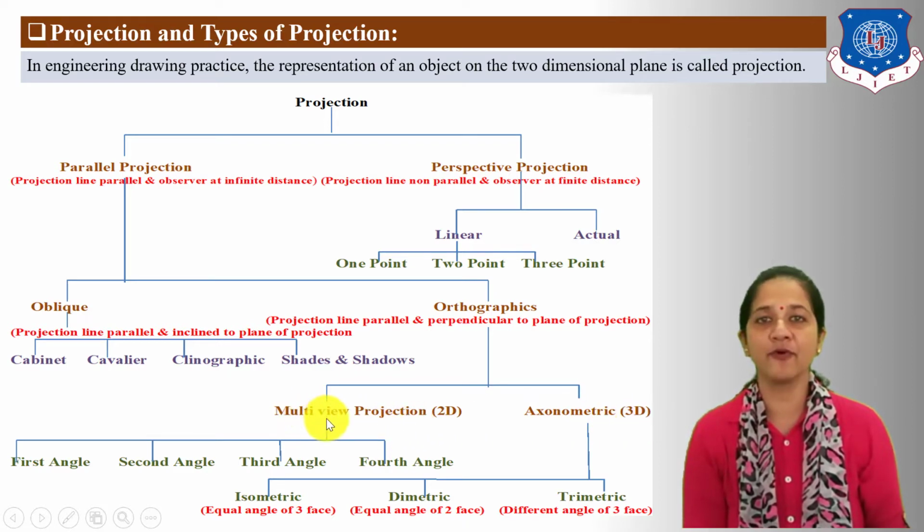Now, there are four types of multi-view projection, first angle, second angle, third angle and fourth angle. Now, there are three types of axonometric 3D projection, isometric in which equal angle of three faces, dimetric in which equal angle of two faces and trimetric different angle of three faces.